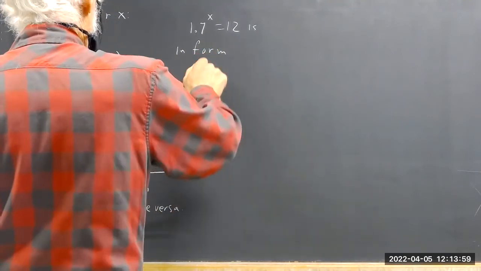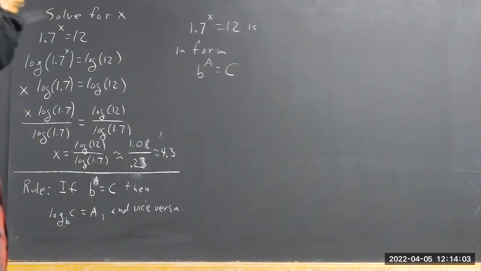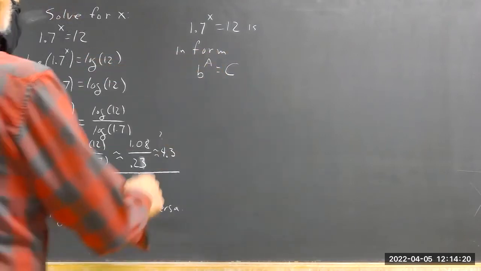This is in the form b to the a equals c. Okay, so that's the first form. What I wrote down here was not in either of the forms, but could have been put into one of the forms. But we start with the original equation. Okay, b to the a equals c.